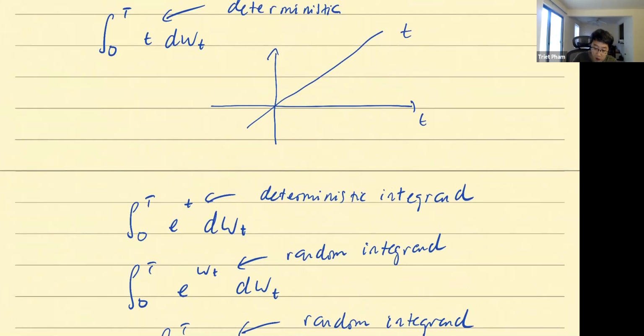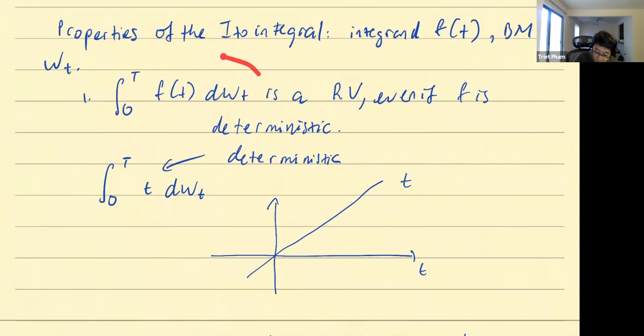But the Ito integral, as an abstract concept, doesn't care. It says whatever integrand you choose, as long as it's not too pathological, and trust me, that level of pathology you won't see in this class at all, then you can always make sense of an object like this. And it will be a random variable. Okay. Any question on this?